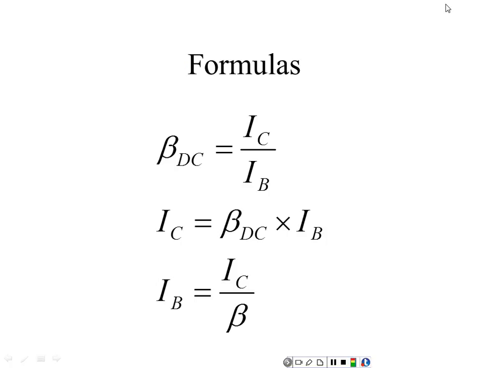So here's our 3 formulas. DC beta is equal to IC over IB. So IC would equal approximately DC beta times IB, and then IB would be equal to IC over beta. Operating at the same temperature. If the temperature goes up, what would you expect beta to do?